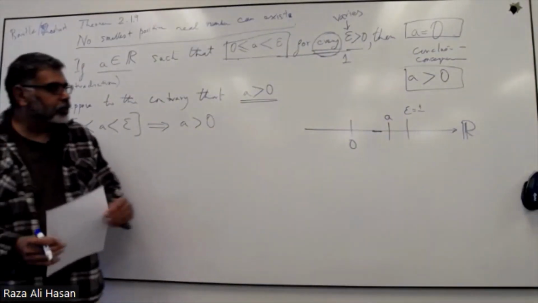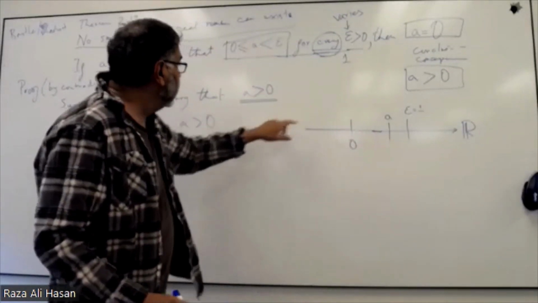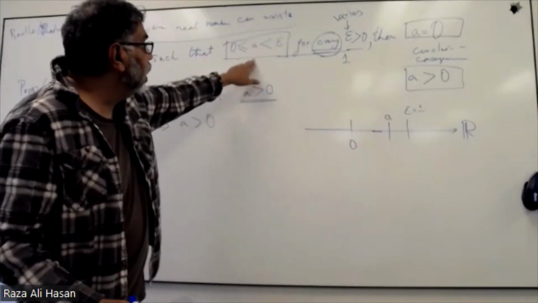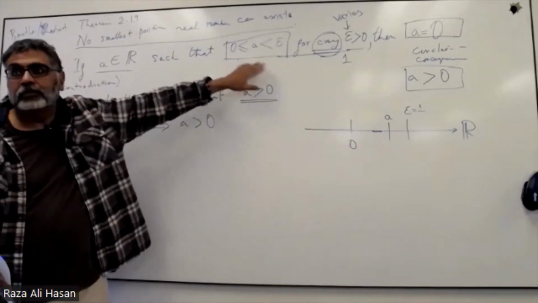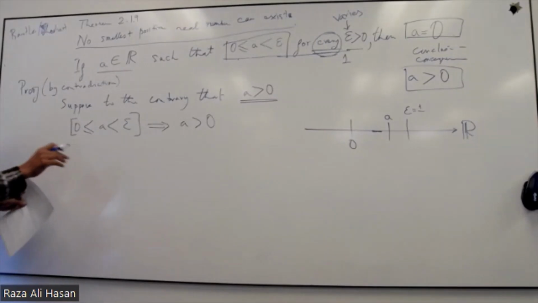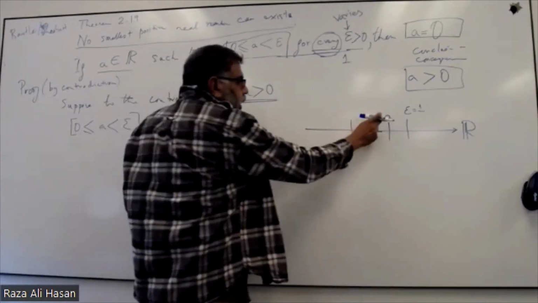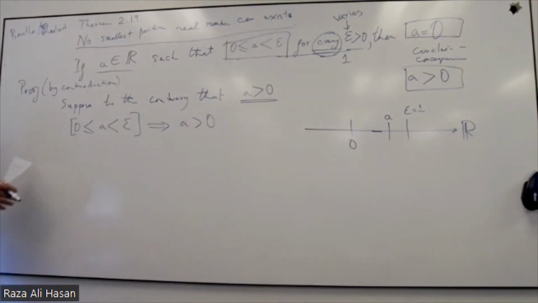So epsilon is here, A is right there. And does this satisfy our hypothesis? It is still assumed to be true. This looks good for the hypothesis. Okay, so then we go. But now this time we are saying that epsilon will always be larger than A, never equal to A.